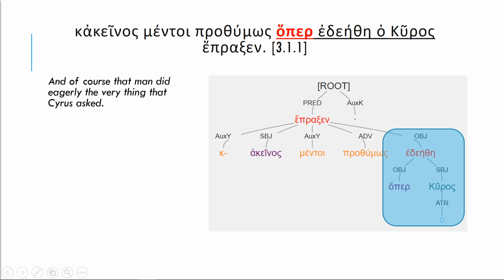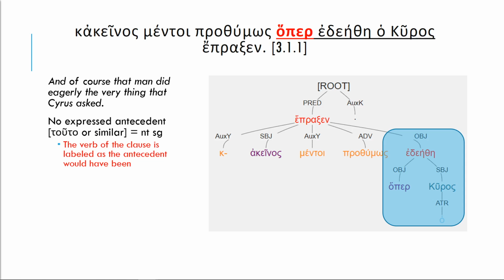Per just makes it a little bit stronger, but there is no word tuto or whatever would have been. That man did that thing which Cyrus asked for. So instead of being an attribute on tuto, you take the verb and make it instead what the tuto would have been. So it's the object of the doing. That man did what Cyrus asked.